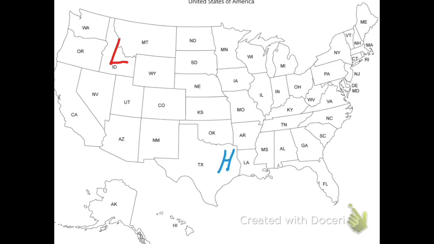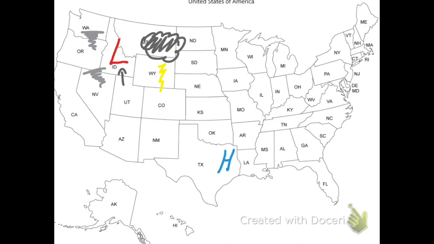Moving on to cover just one more bit about the low pressure and the high pressure systems. So we talked about low pressure is lousy weather. So right now over Idaho, that's right there, they're having probably lots of really bad storms. They may be having some tornadoes over there because it is, again, a low pressure system.